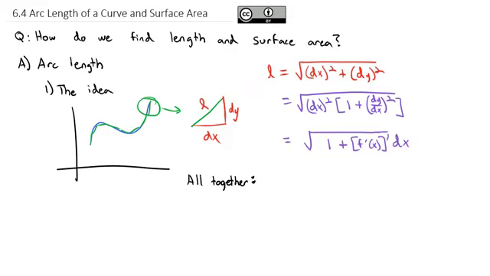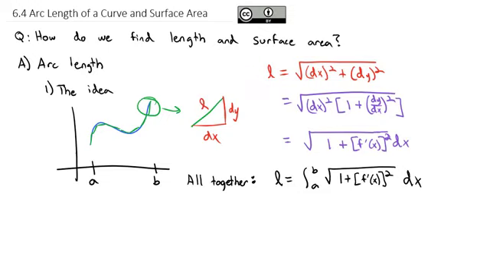So all together, the arc length is equal to the integral from our lower limit of a to the upper limit of b, of the square root of 1 plus the derivative of the function squared, dx. It doesn't really look like a 2 on there. That's a 2.